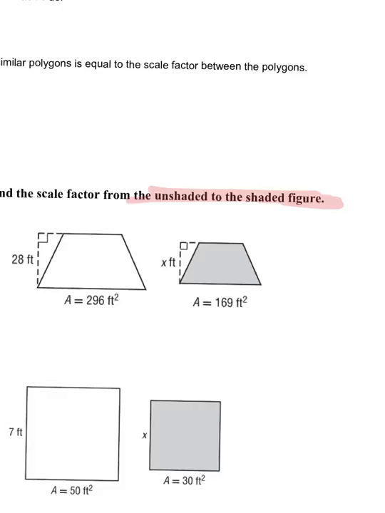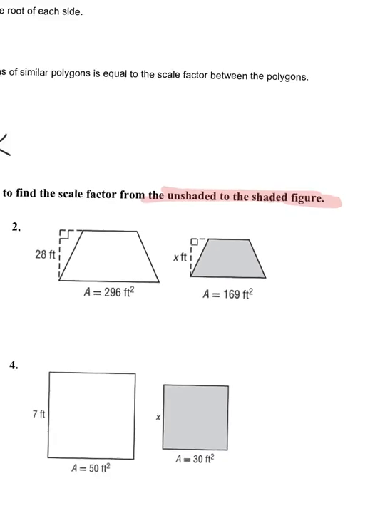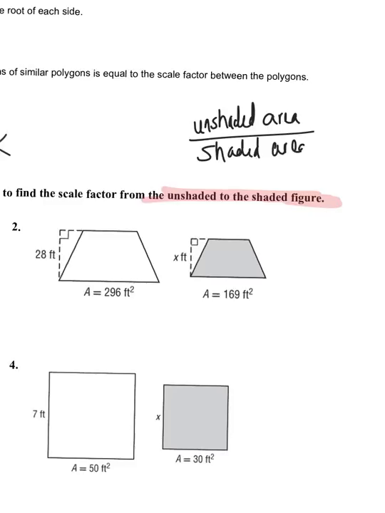So when I figure this out, it's going to be my unshaded area over my shaded area is going to be equal to K squared.